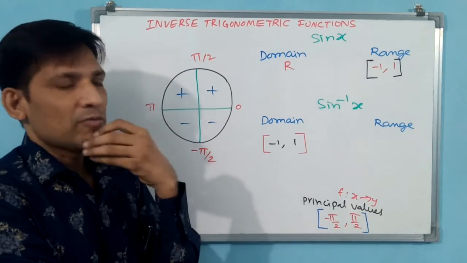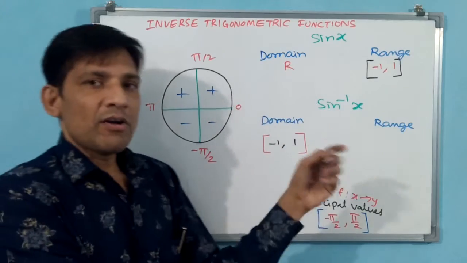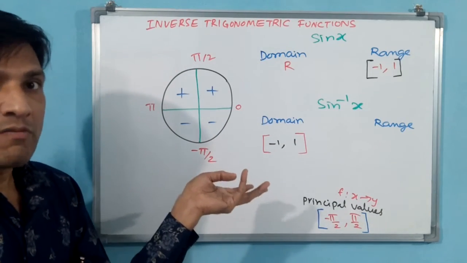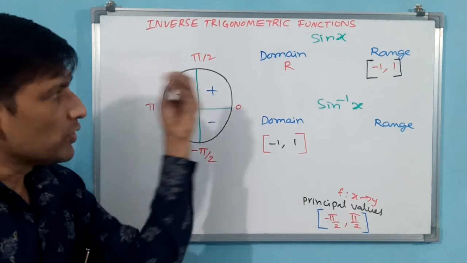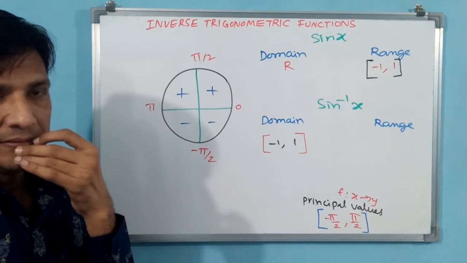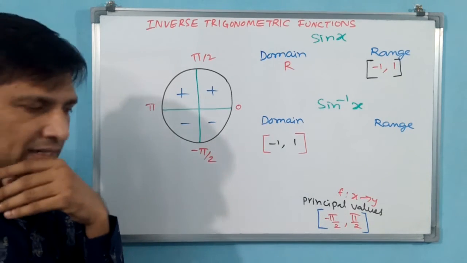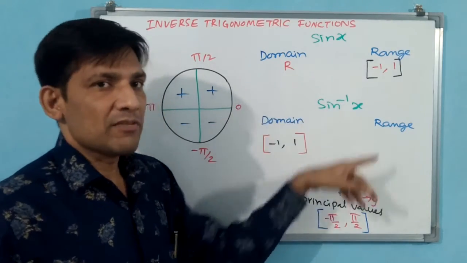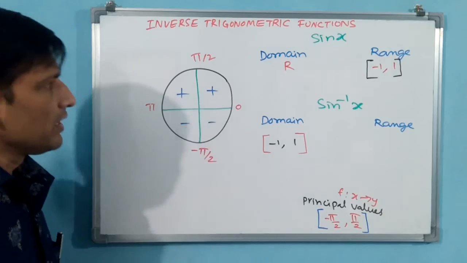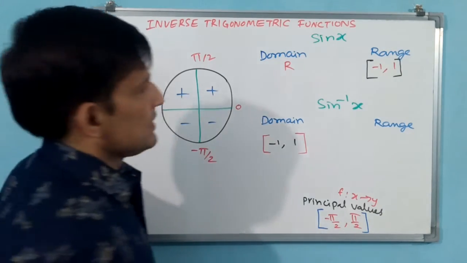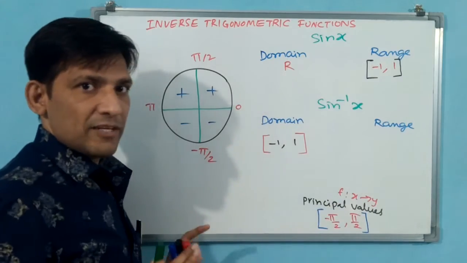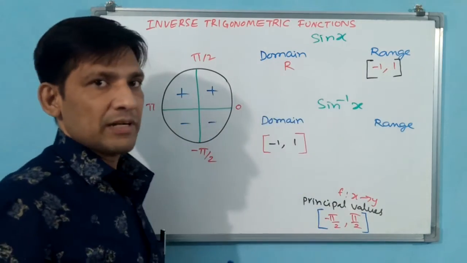You cannot write R. Why? Because if you write R, it is not going to become an inverse, since it is not going to be one-one and onto. Then what can you write? Before writing here, you have to change it according to sin inverse x. For sin x, you are not considering sin inverse x, that is why sin x has this.